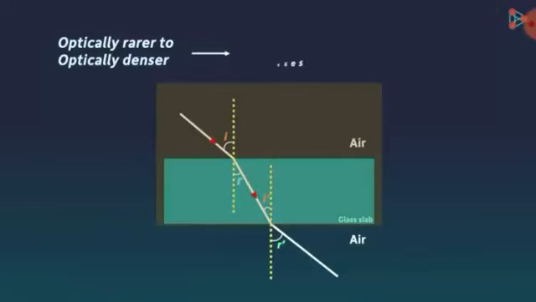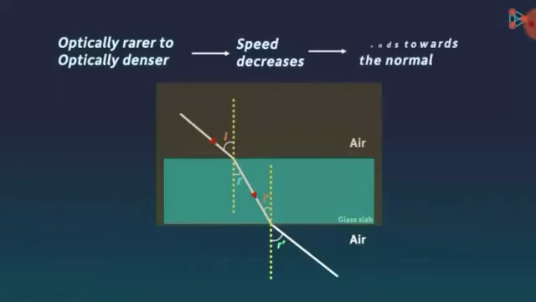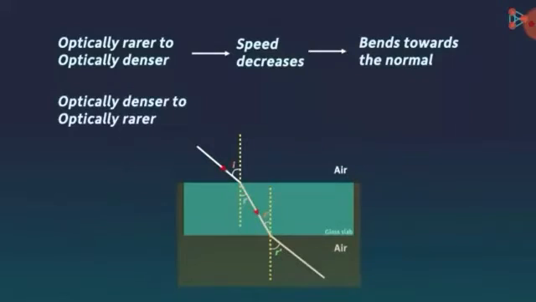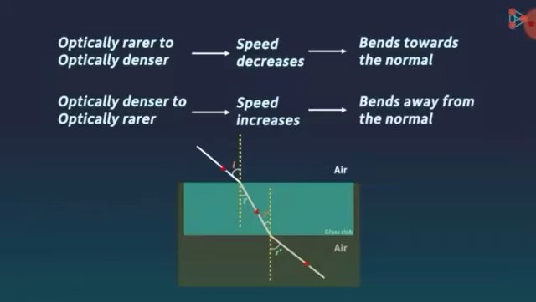When light enters from an optically rarer medium to an optically denser medium, speed will decrease and it will bend towards the normal. This is the summary, students. When light enters from an optically denser medium to an optically rarer medium, speed will increase and it will bend away from the normal.